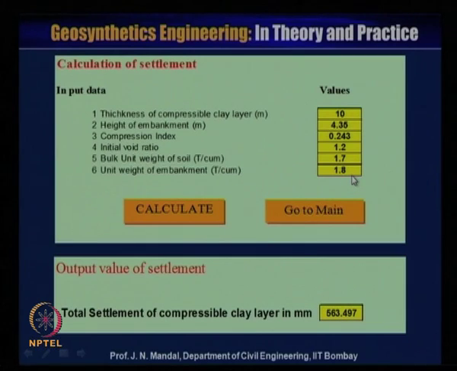So, if you calculate, then you can obtain the settlement of the compressible clay layer in millimeter as 563.497 millimeter. So, this is the settlement you have calculated. You calculate bearing capacity, you calculate the settlement.